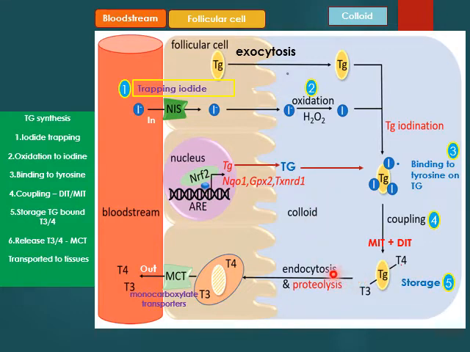And from there, it is released by endocytosis and proteolysis into the follicular cells. And from there, it is secreted into the blood as T3 and T4 with the help of the monocarboxylate transporters. Okay, we have binding, coupling, storage, and release. From here, it is carried to the rest of the body for its action.